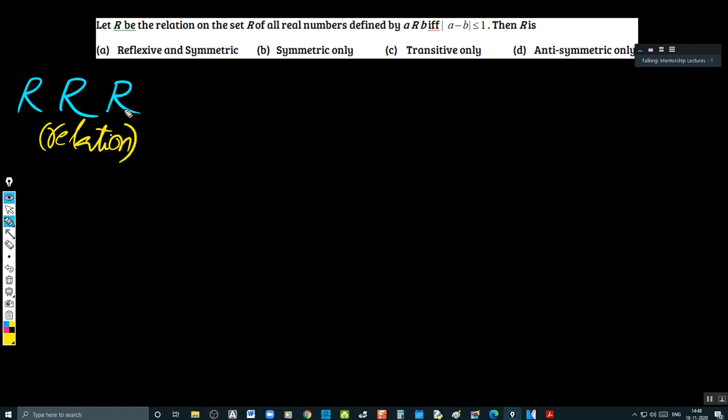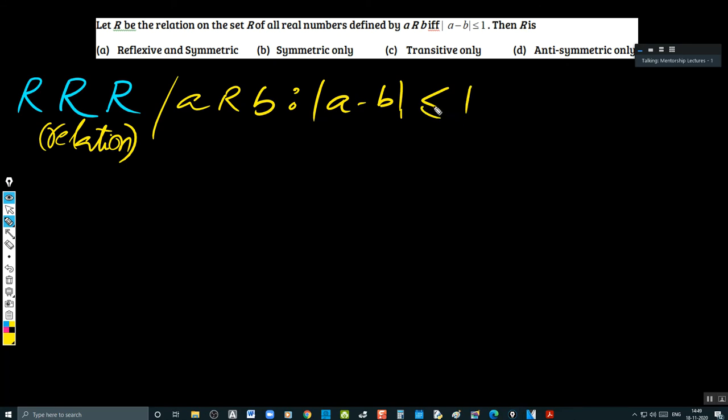Okay. So this is triple R, defined such that A R B is as modulus of A minus B less than or equal to 1.